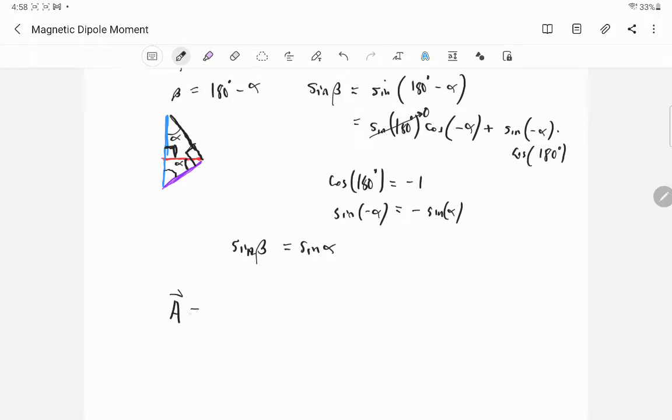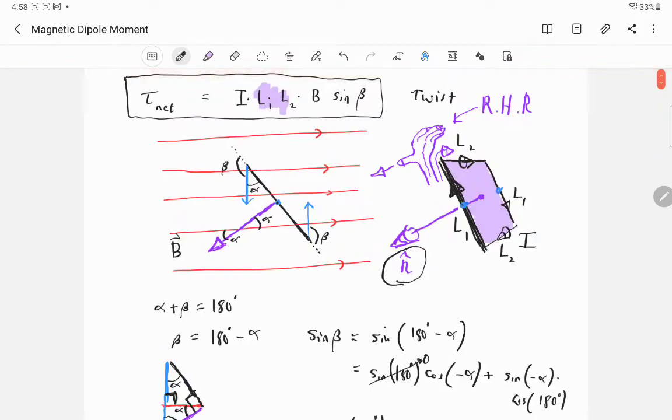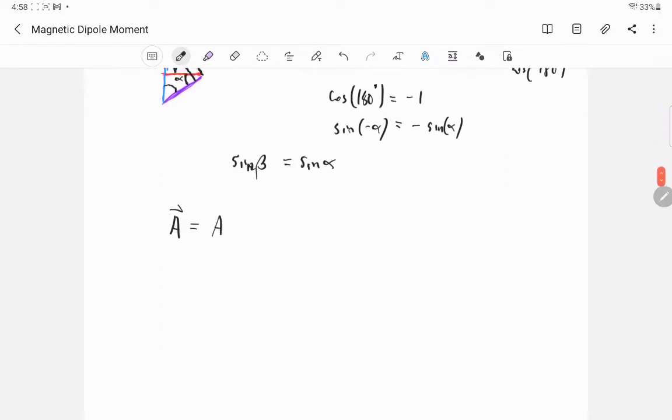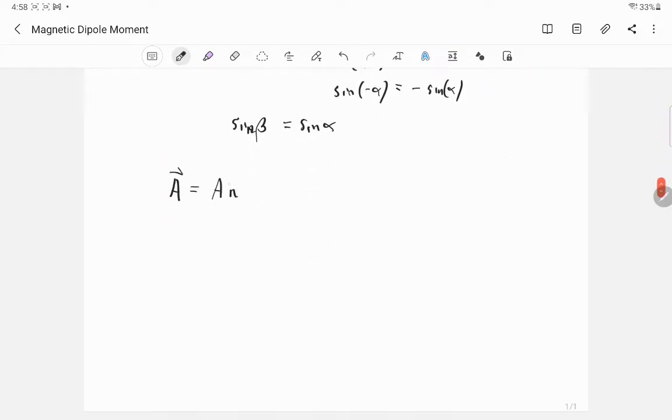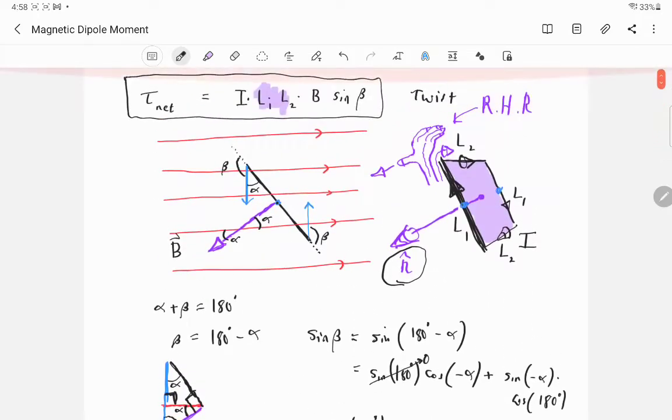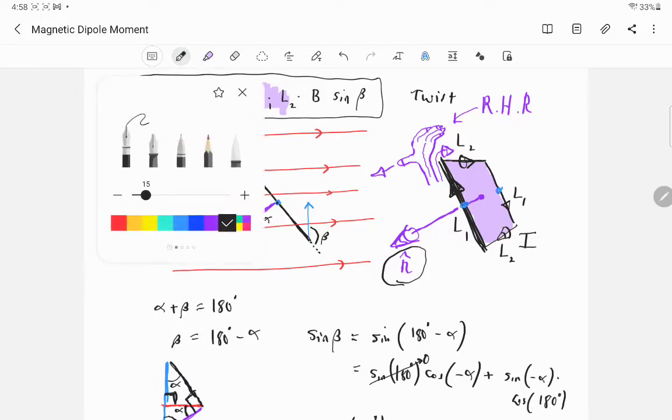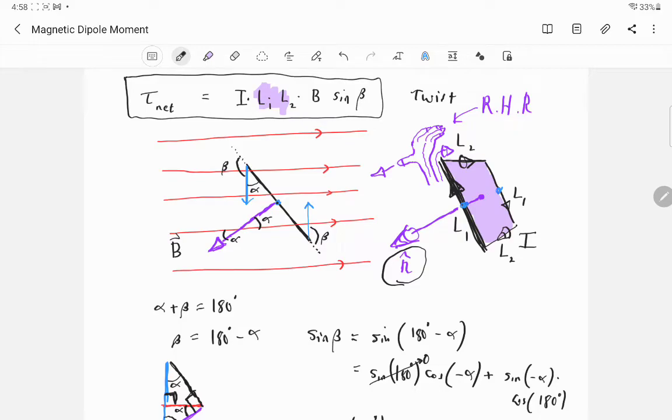There is an area vector that's equal to the area enclosed by the current loop, the purple area, multiplied by that normal direction, where the normal direction is defined according to a right-hand rule, where I described using this right-hand rule to define the direction. The right-hand rule was important because, if you think about it, there's two directions that are perpendicular to the surface.